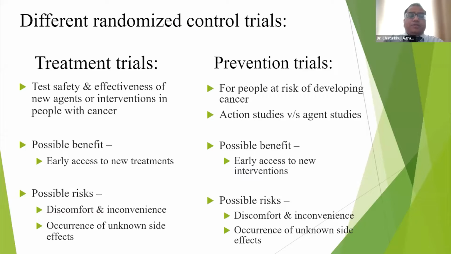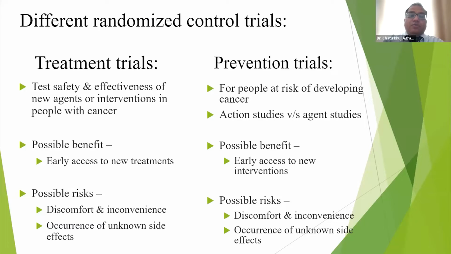Treatment trials test the safety and efficacy of newer agents or interventions in people with cancer. The most possible benefit of treatment trials is early access to newer treatment, but the possible risk is the occurrence of unknown side effects. Similarly, in prevention trials for patients who are at risk of developing cancer, the benefit is that it allows early access to newer interventions, but there is a possible risk of unknown side effects.